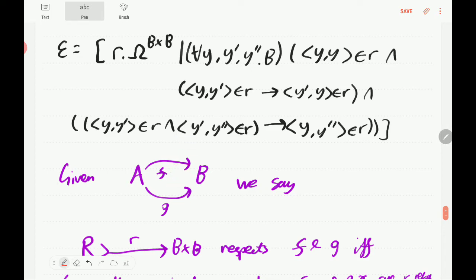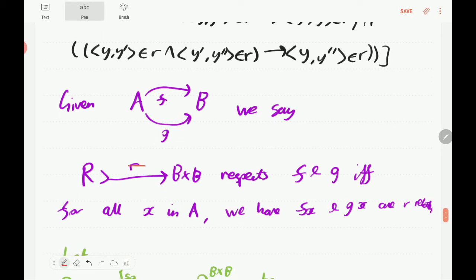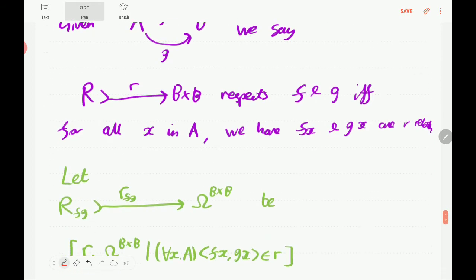Now, suppose we have a pair of arrows, F and G, from an object A to an object B. So we're going to say that a relation R on B times B respects F and G if and only if for all X in A, we have that Fx and Gx are related.